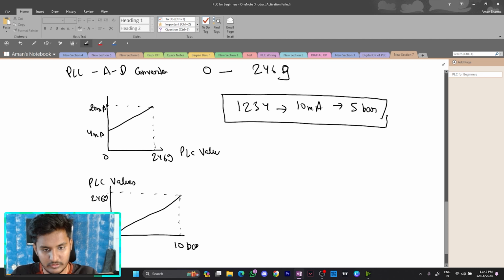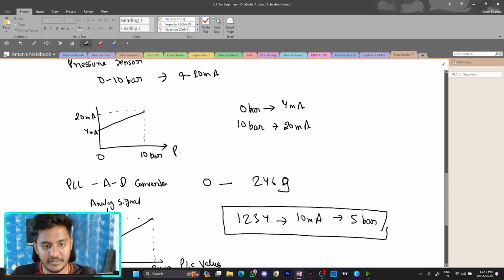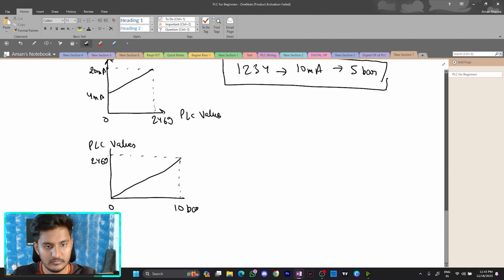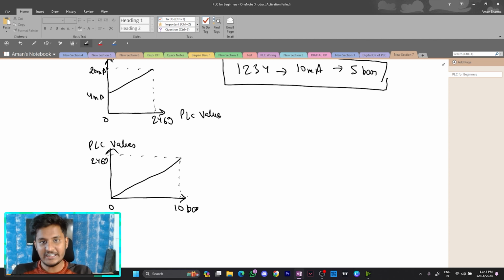This will be the analog input signal. This is pressure. This is also an analog signal. I hope the concept for converting the signals is clear. If you have any doubt, please do ask me in the comment section.